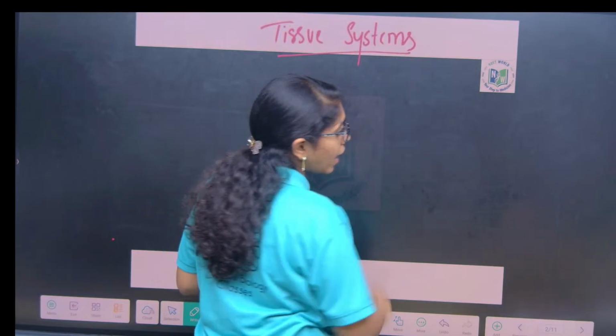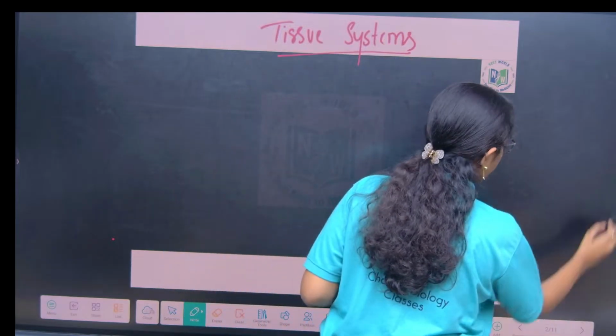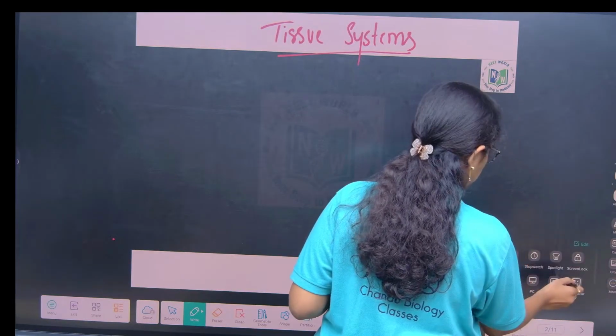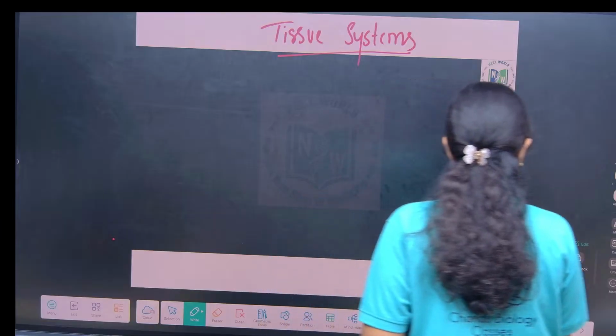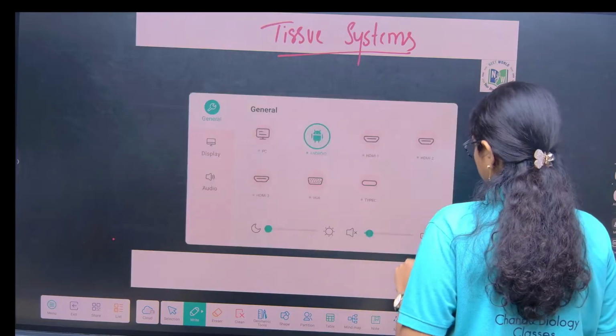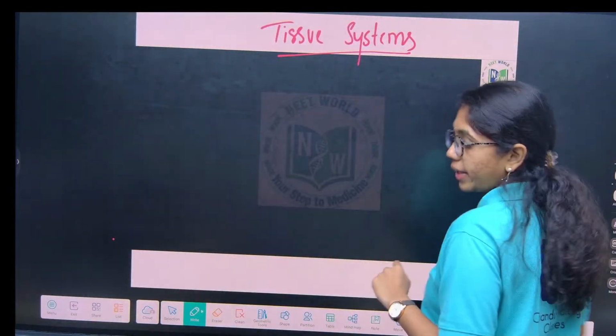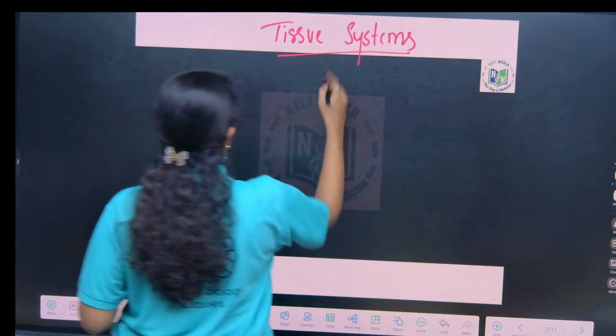We have three types of tissue systems. Tissue systems include what?